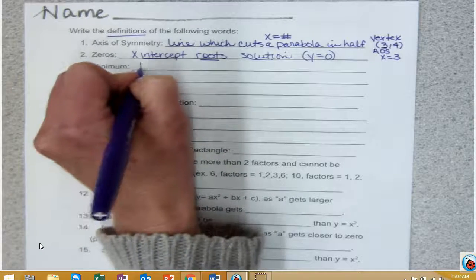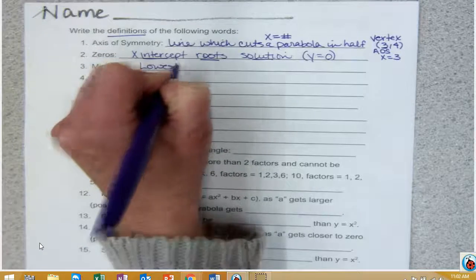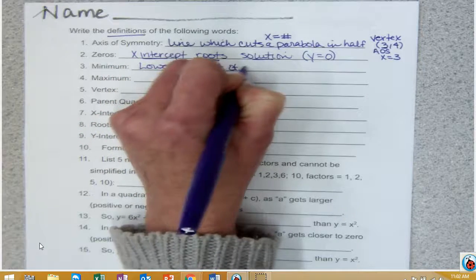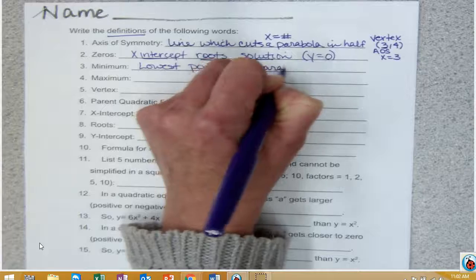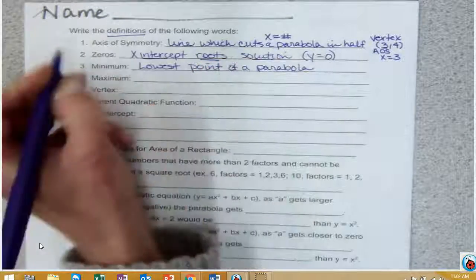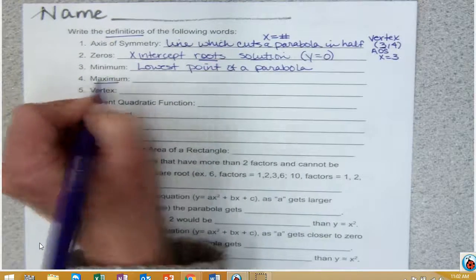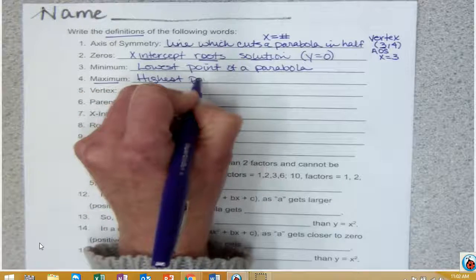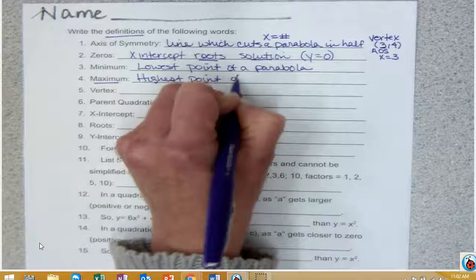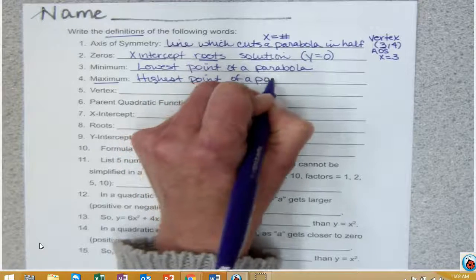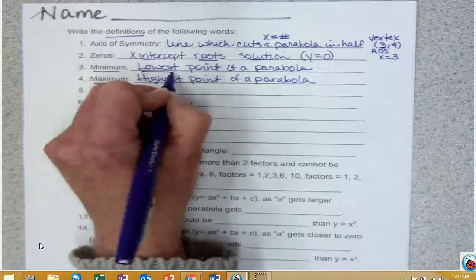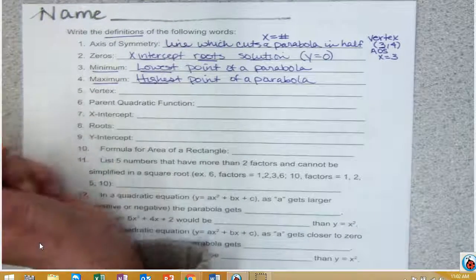Your minimum is your lowest point of a parabola. The maximum is the highest point of a parabola. Alright, so your minimum is your lowest, your maximum is your highest.